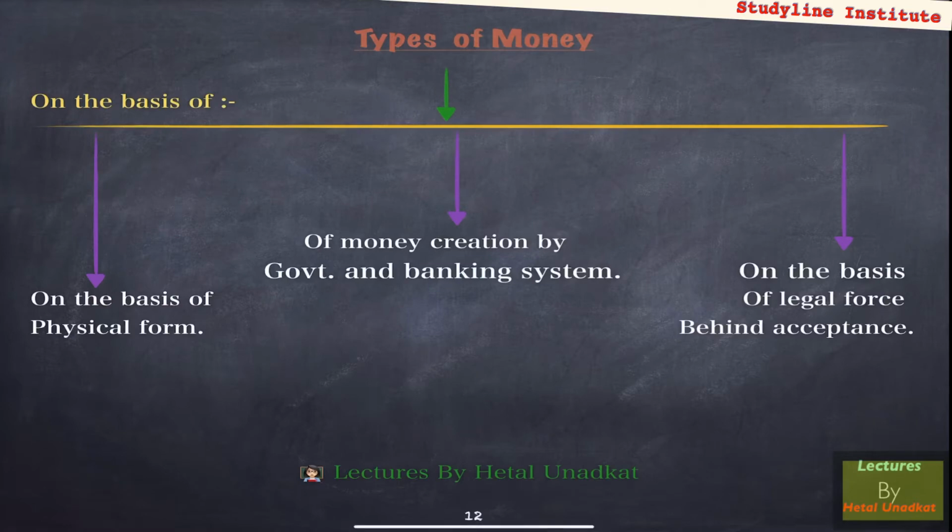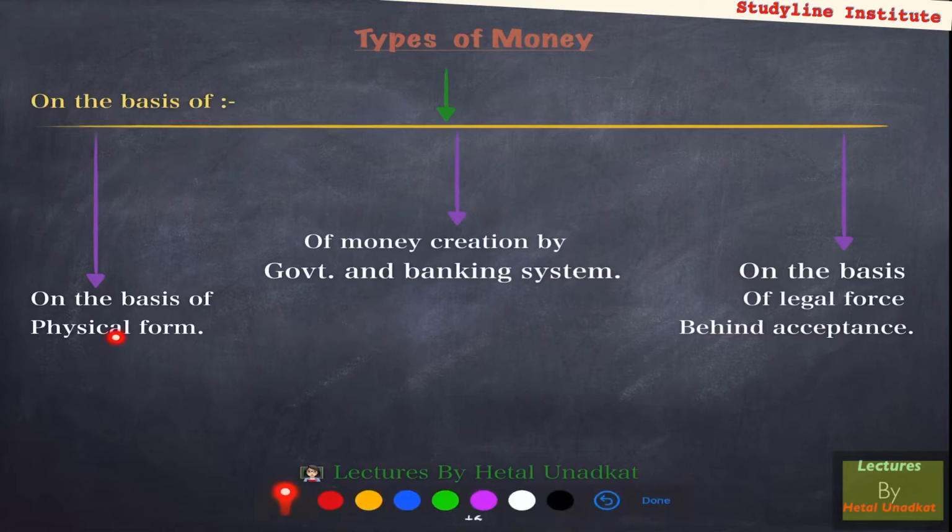The first one is the types of money. If we want to understand the types of money, there are some bases. On the basis of physical form. And then on the basis of money creation by government and banking system.